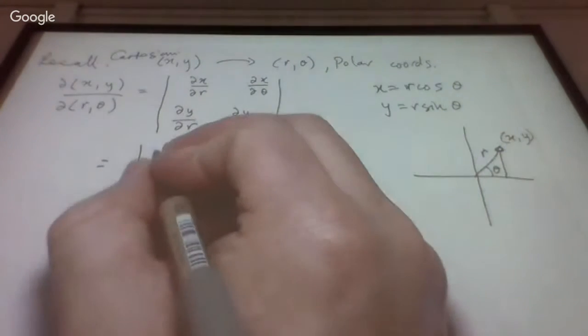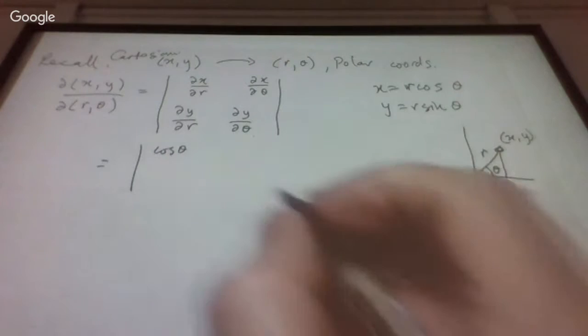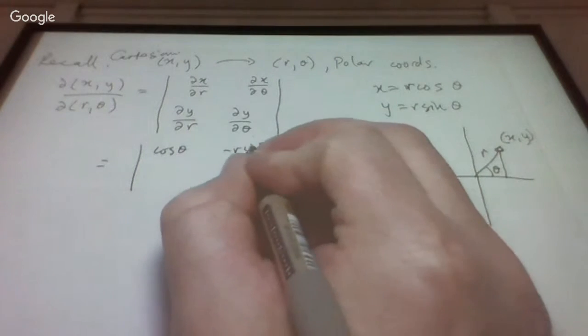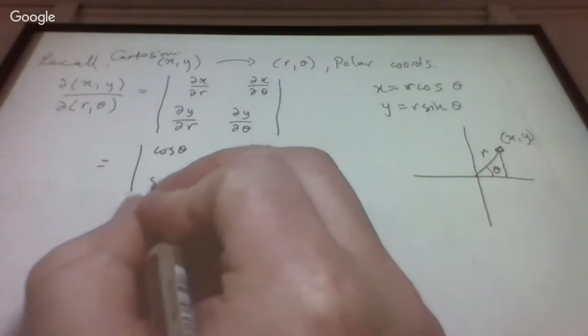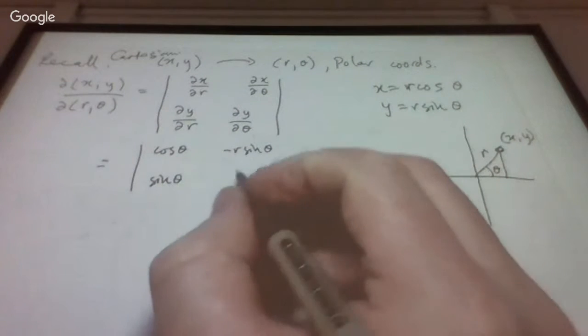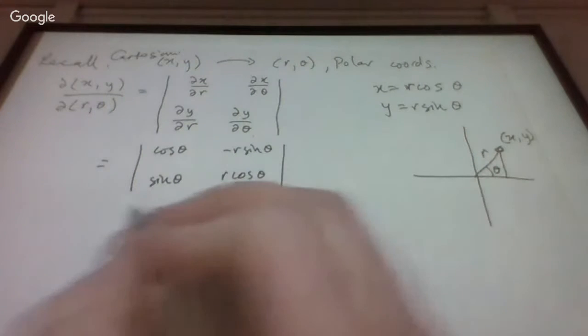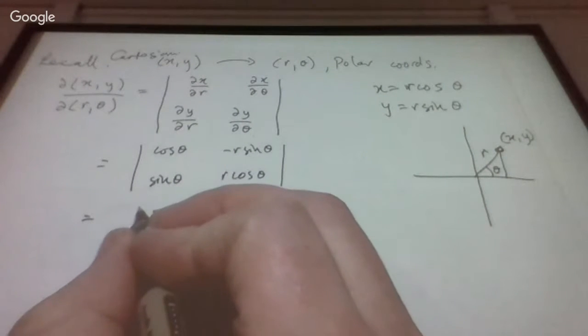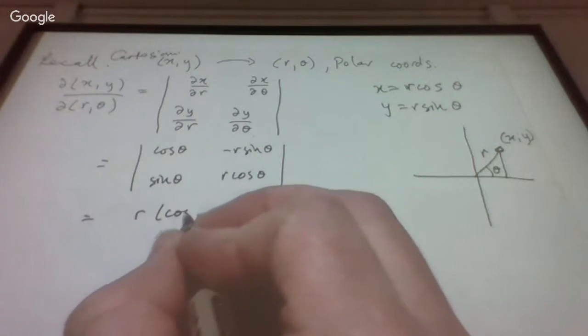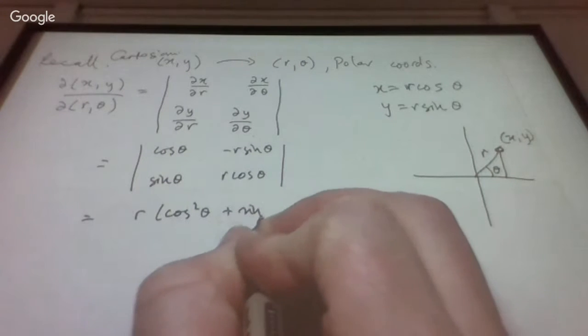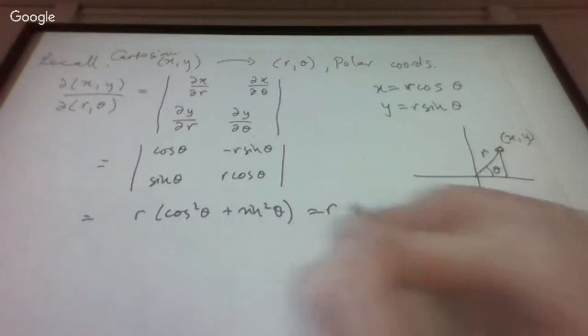So dx dr is cosine theta, dx d theta is minus r sine theta, dy dr is sine theta, and dy d theta is r cosine theta. You multiply out this determinant, and you get r times cosine squared theta plus sine squared theta, which is equal to r.